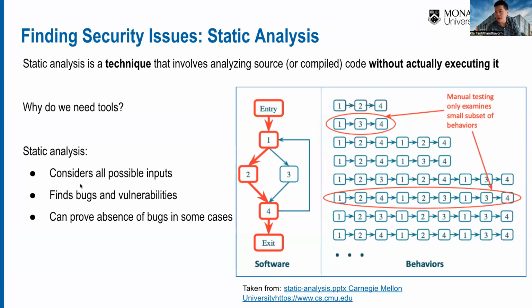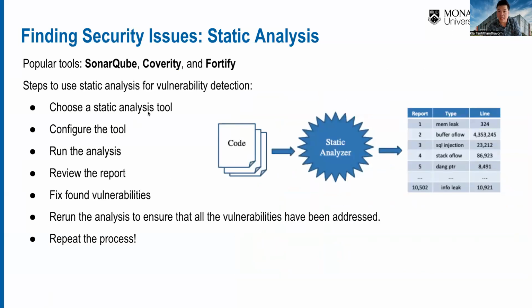If you cannot find it, it doesn't prove the absence of bugs, right? As I mentioned in week 2, Dijkstra's quote: software testing only proves the presence of bugs, but not their absence. So that's static analysis.